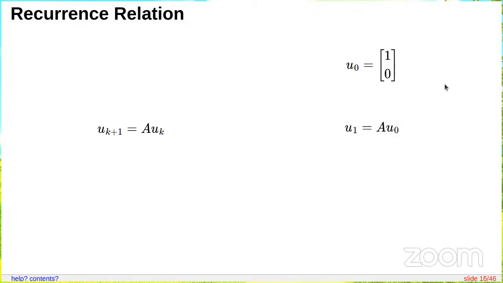The next term is just A times U_0. So U_2 is A times U_1, which is nothing but A squared times U_0. I just keep substituting. So U_2 is A squared U_0.